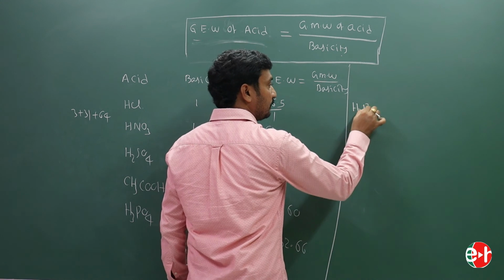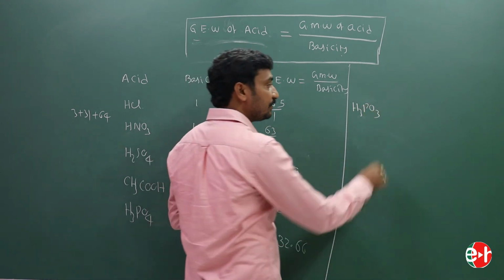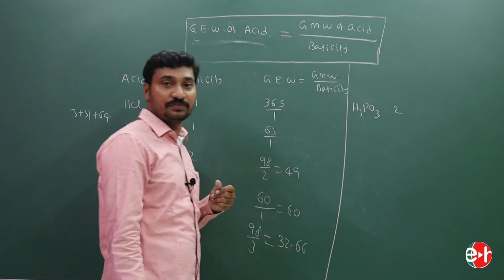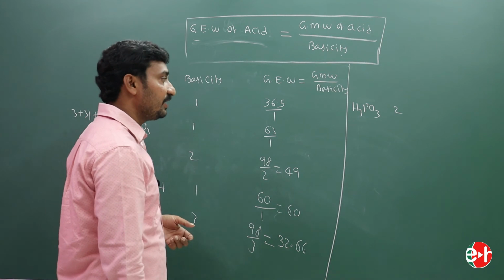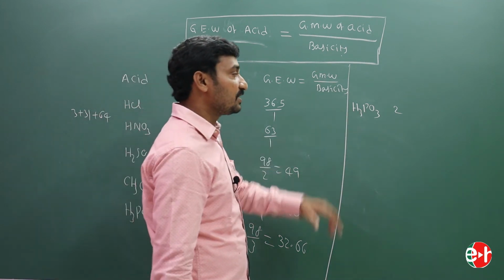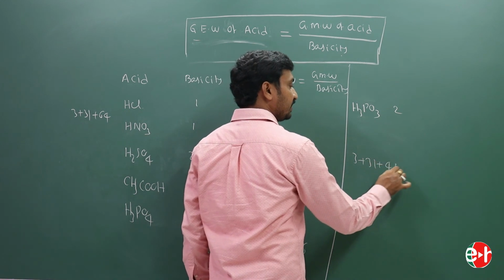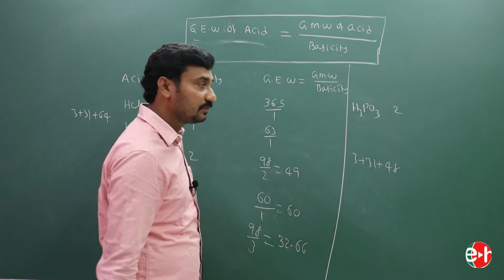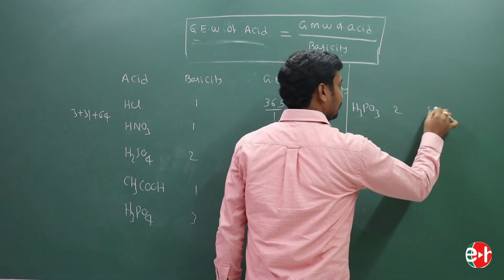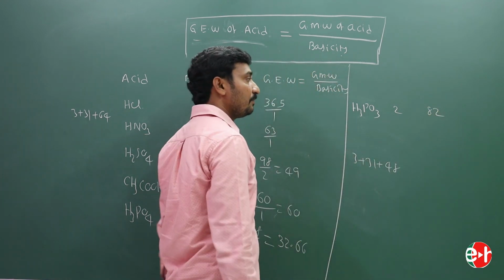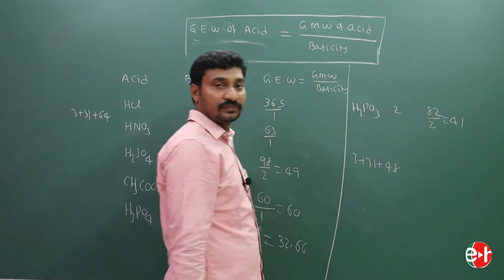Now H3PO3. Basicity we already discussed, basicity 2 because 2 replaceable hydrogens are present. And gram equivalent weight: 3 plus 31 plus 48, that is 82, by 2, that is equal to 41.